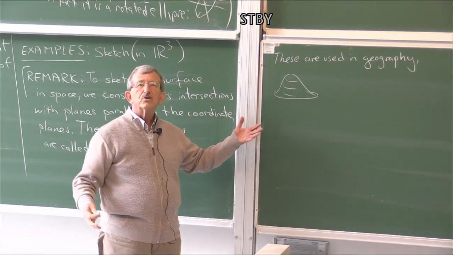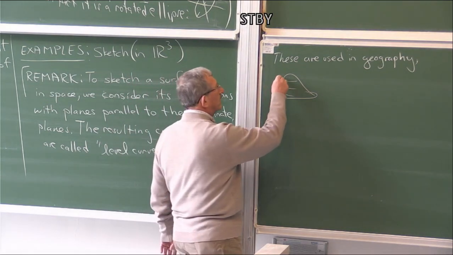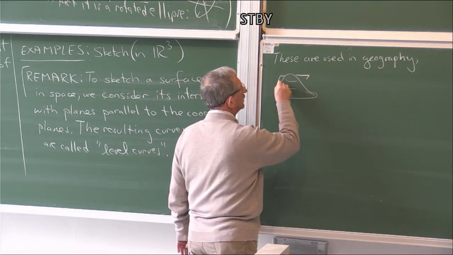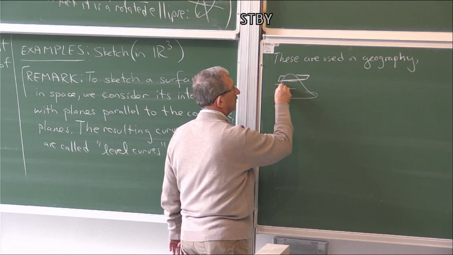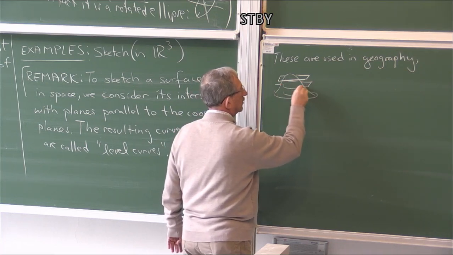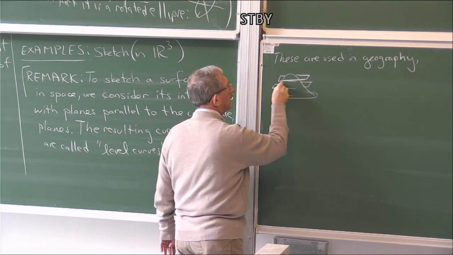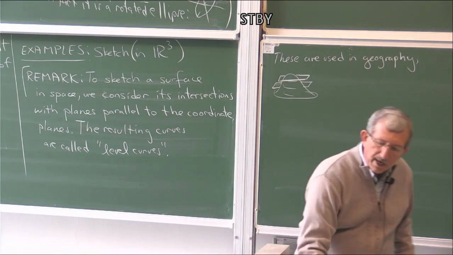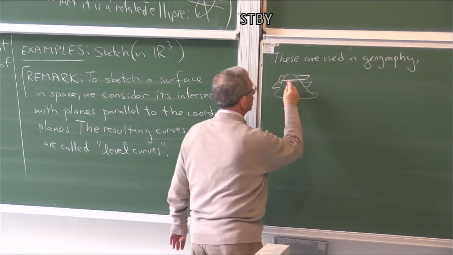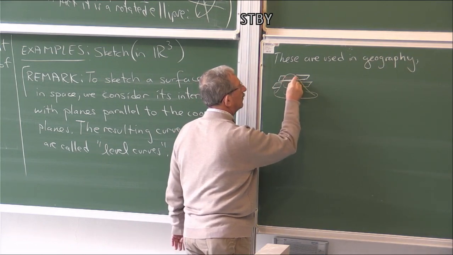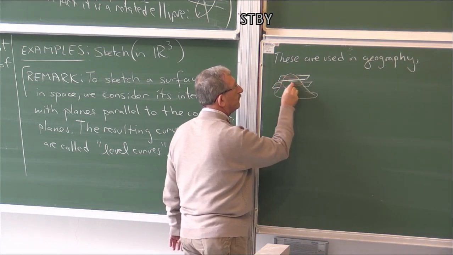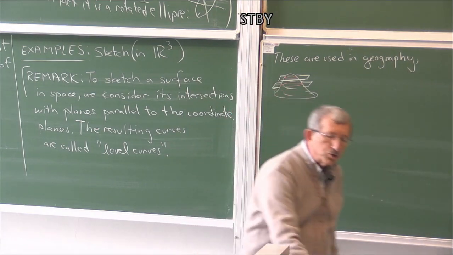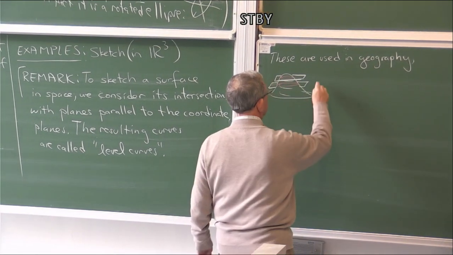So what do you do? Well, you cut it with a horizontal plane, and lots of them, and you get some curves here. So here you have a curve, here you have a curve, etc. And you show it as follows.